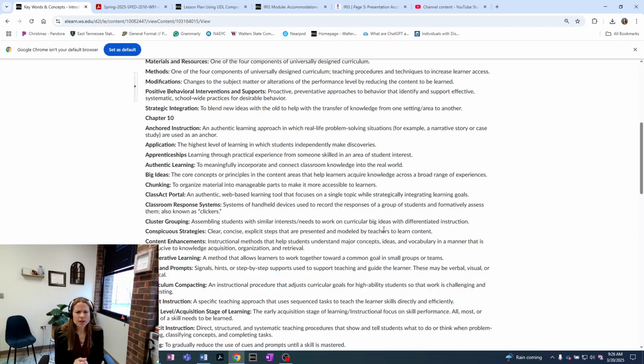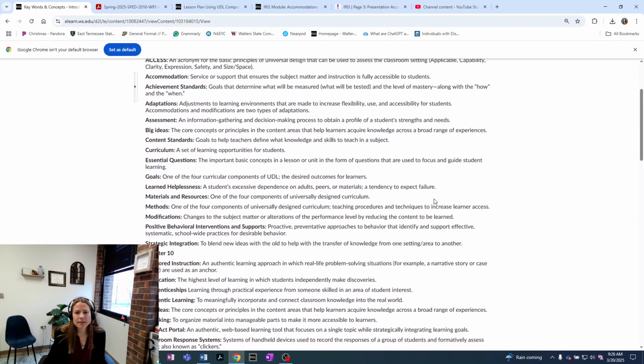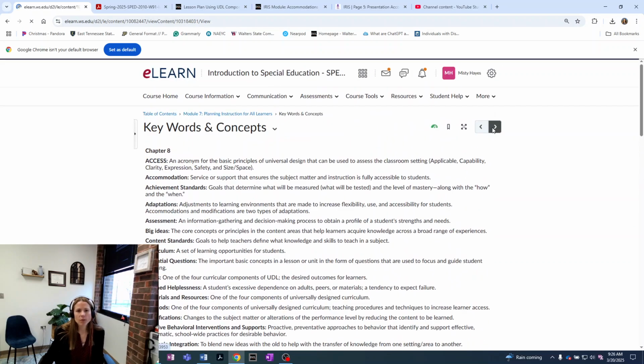And then we're going to look at strategies to implement, like, are we going to use cooperative learning or direct instruction? Are we using explicit instruction? All of these things go together when we're going to make and design our lesson plan. So both chapters are necessary. That's why I'm giving you 2 weeks to do it. So always look at the key terms because they are important.